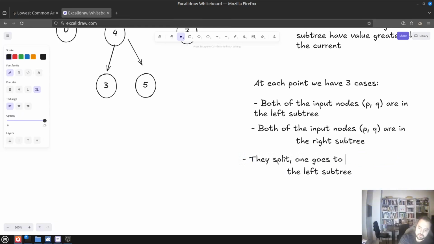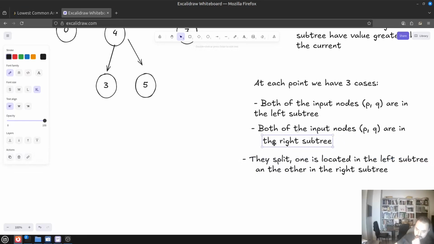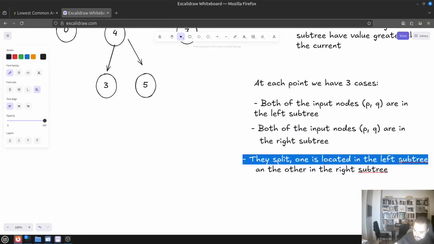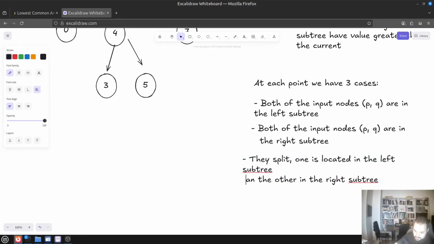One goes to the right and one goes to the left, or maybe not goes, is located, since we are not moving them. One is located in the left subtree and the other in the right subtree. We don't have any other case, and those are all the cases that exist.